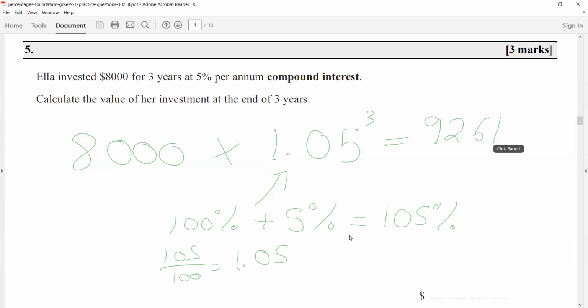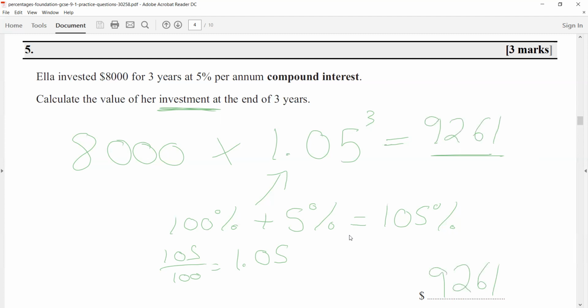9261. Right, now what we've got to do is revisit the question and look at what it wants us to give an answer as. This says investment. Investment would then be this answer. Okay, so 9,261.